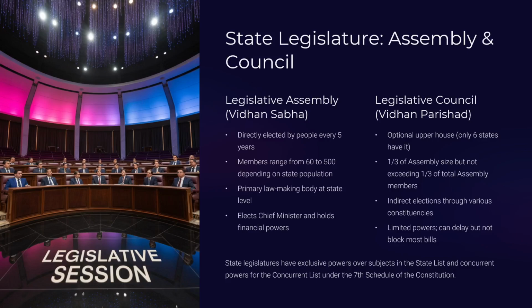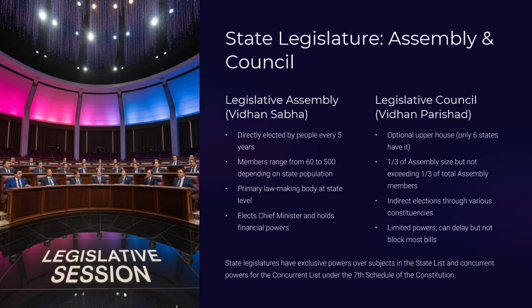So let us discuss the state legislature, assembly and council. The legislative assembly is also called Vidhan Sabha, and the legislative council is also called Vidhan Parishad. The legislative assembly is directly elected by the people every 5 years.